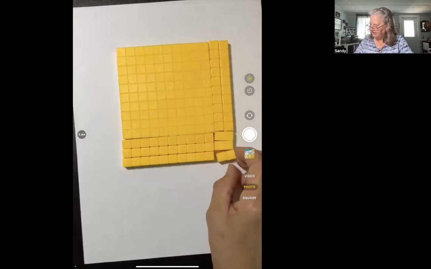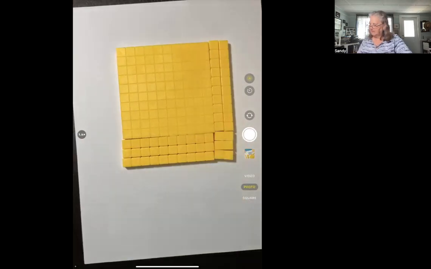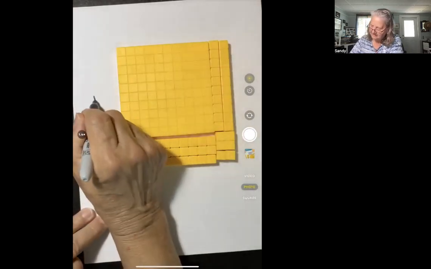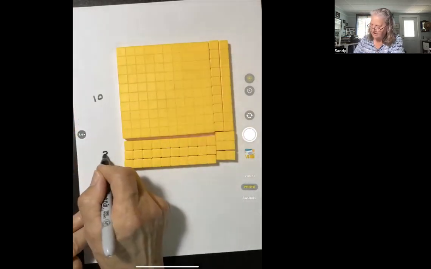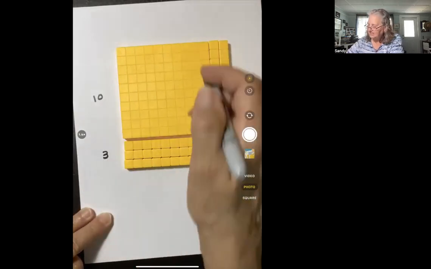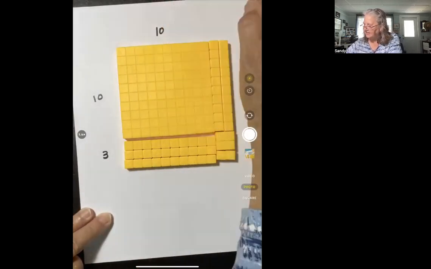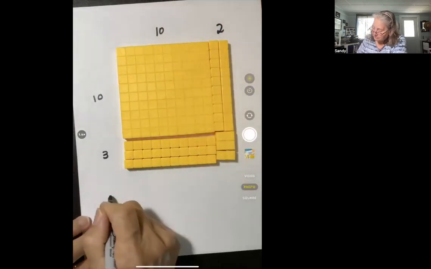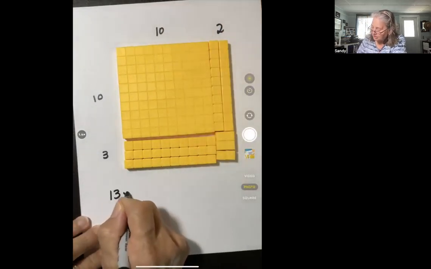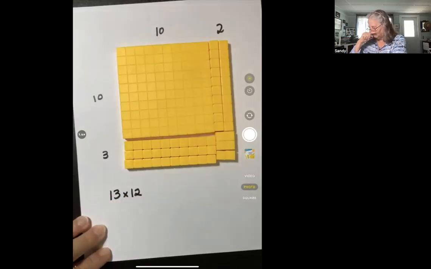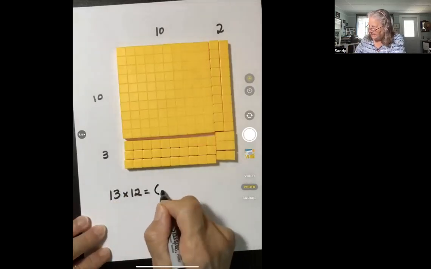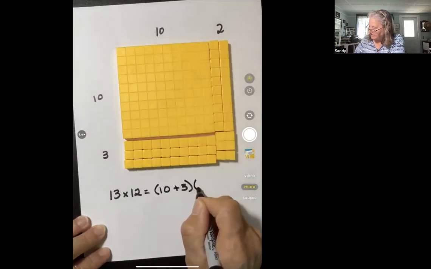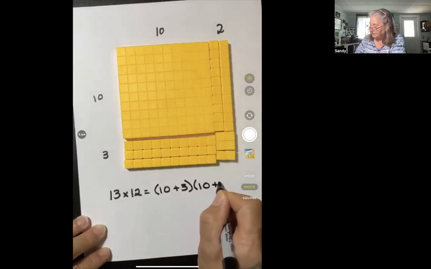But if you notice how I just built this, I've got this length is 10, and this is 3. This length is 10, and this is 2. So if I'm doing 13 by 12, I can think of it as 10 and 3 by 10 and 2.